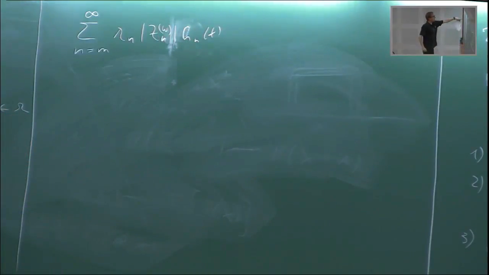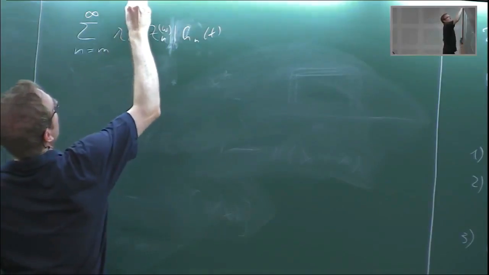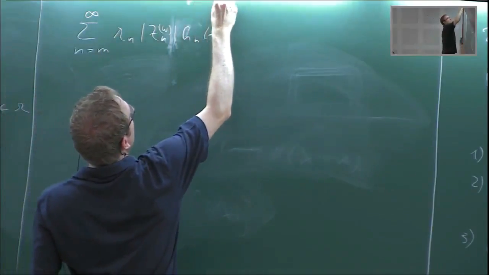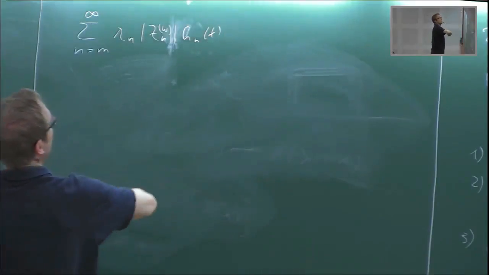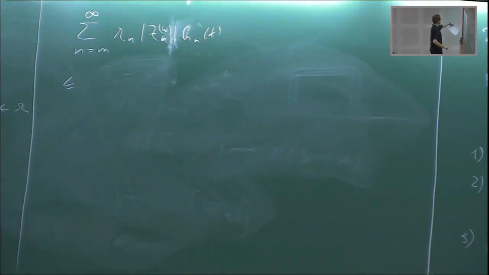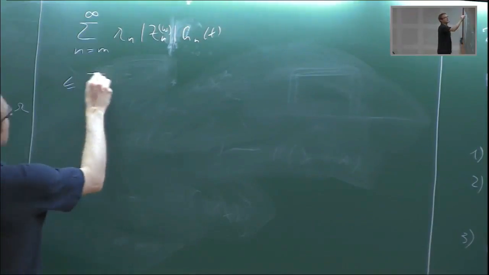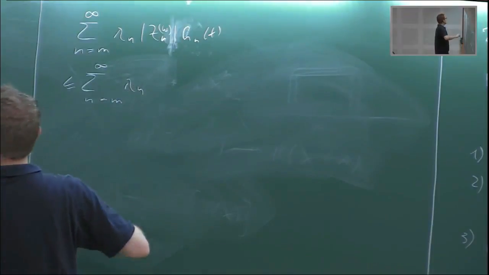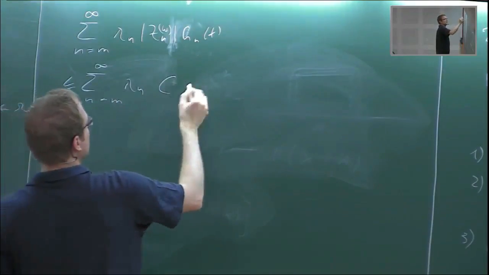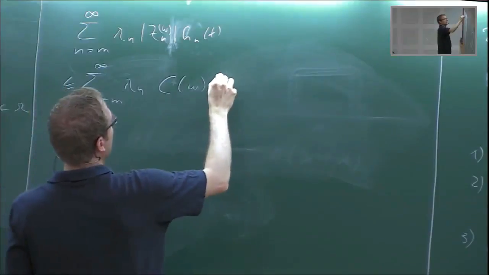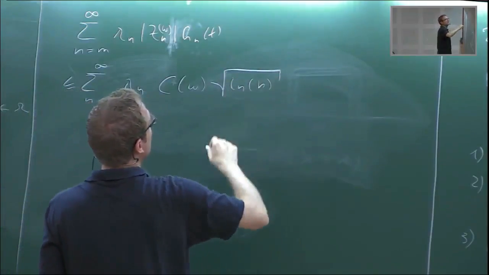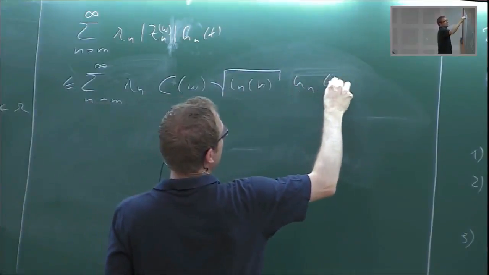For P almost all omega in omega, this is less or equal, just estimating here, the sum n from m to infinity of lambda n, here we have the c of omega, and then we have the square root of the logarithm of n, g n of t.